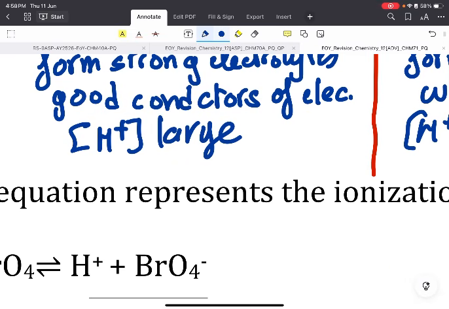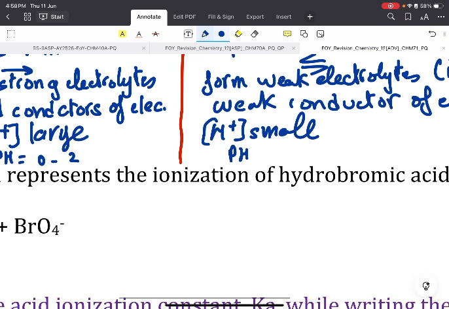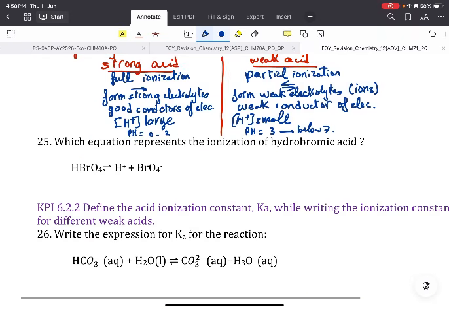Now if I want to talk about pH, the pH of a strong acid will range between 0 and 2, whereas the pH of a weak acid will range between 3 and below 7.